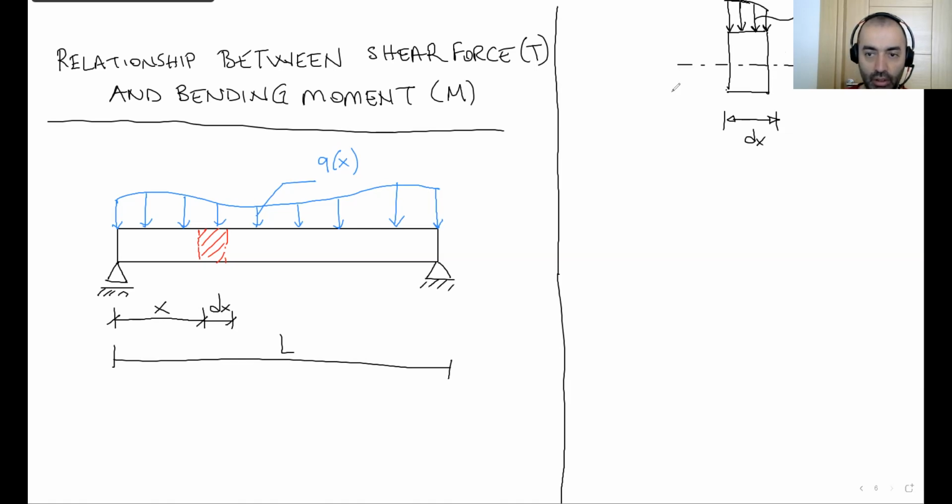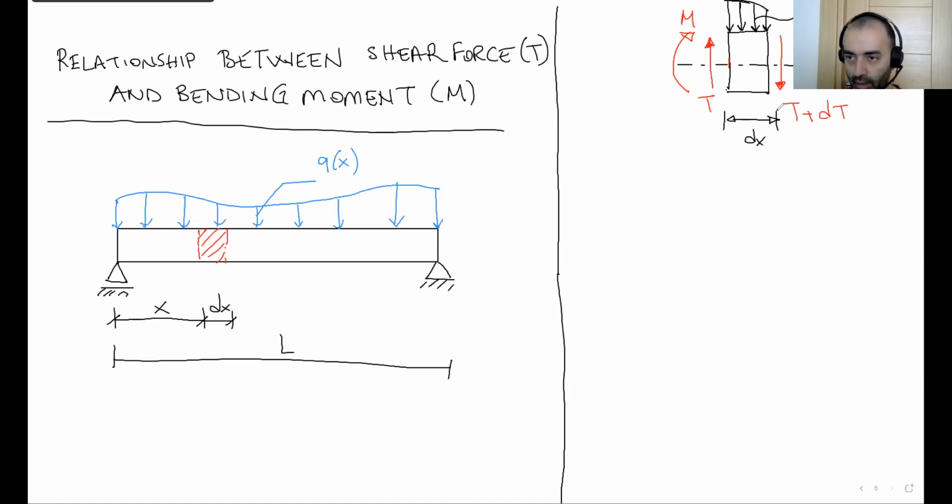Let me change color. What we have is a shear force here and a moment at the left-hand side, as you can see, at this section. After dx, we are going to have a shear force here, but it's a little bit different than the left side. It's going to be T plus dT.